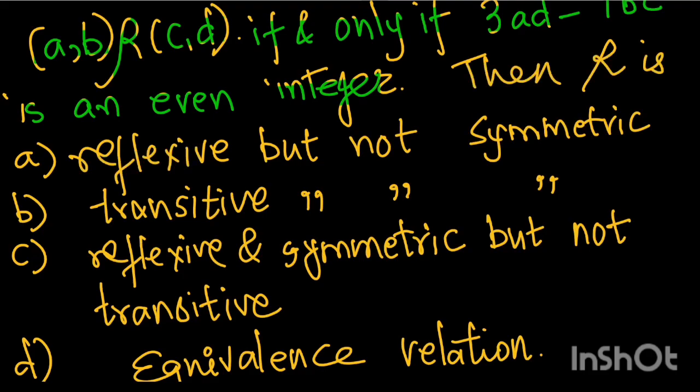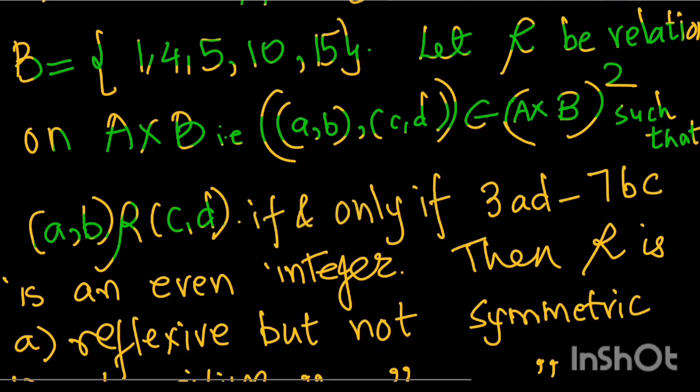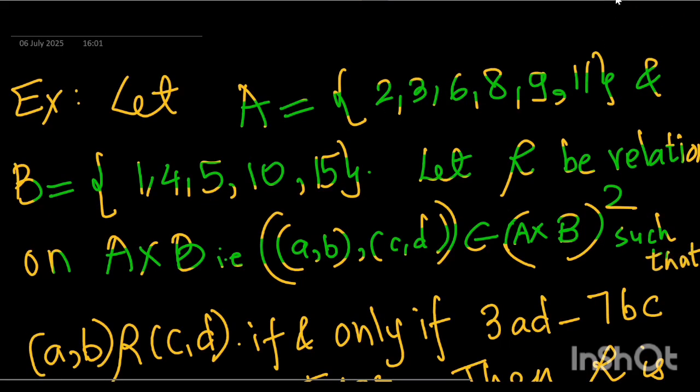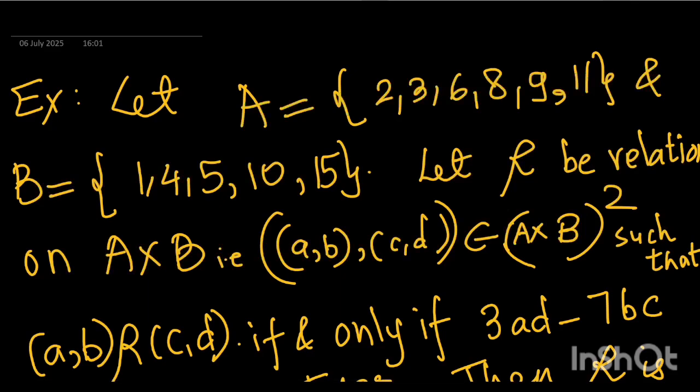Let's try to understand the meaning of this question, guys. Now two sets A and B are given. If we multiply them, the Cartesian product A cross B can be formed.